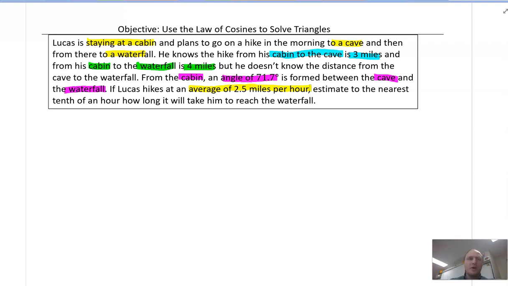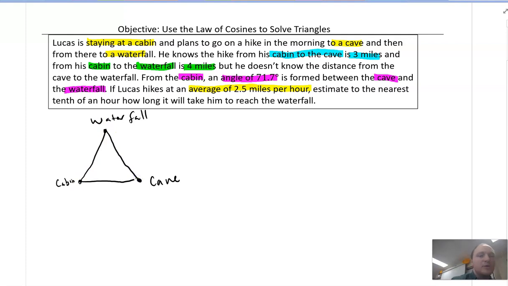So lots of information. Let's go ahead and draw a picture of all of this. Here's the cabin, and then here is the cave, and then up here we'll put the waterfall. Beautiful image.